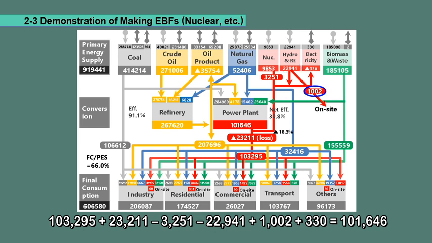Add 1,002, because on-site solar generation skips the middle part. Regarding electricity trade, the electricity is exported, so add 330. Add or subtract as appropriate, and record the result as electricity output from power plants. In this case, the result is 101,646.